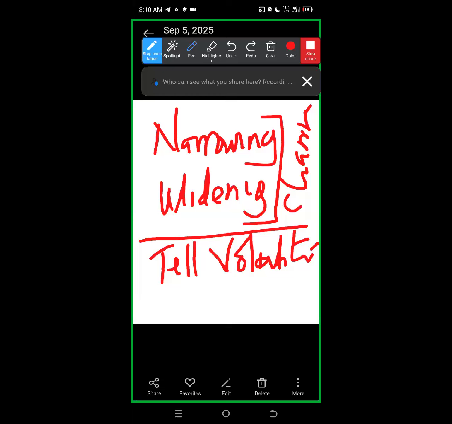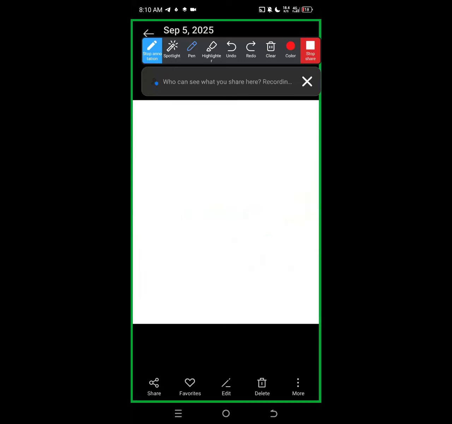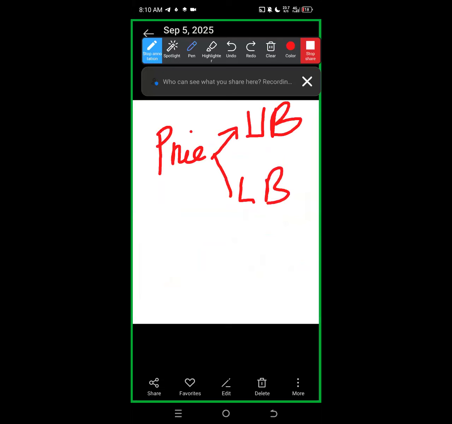Then the second aspect of how you interpret or read the market is whether the price is within the upper band or the lower band. All right. Now, it depends on the location of the price on the bands.